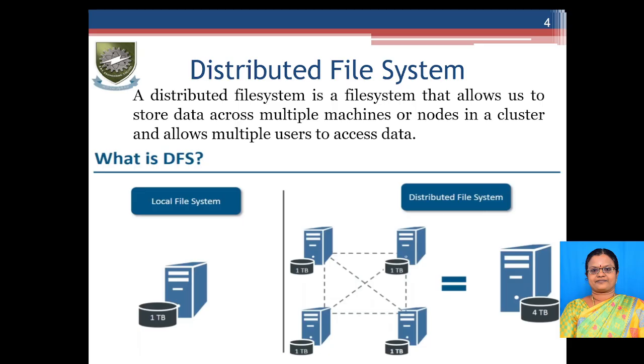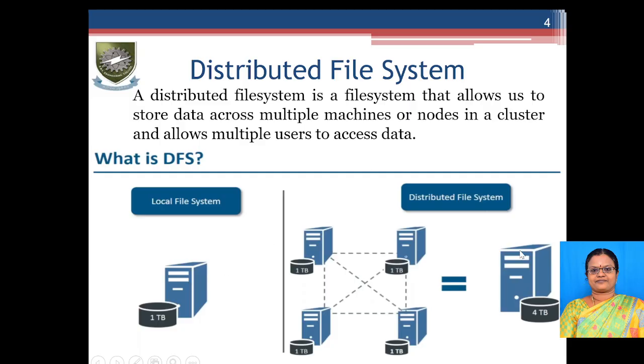A distributed file system basically allows information to be stored across multiple devices. It may be in a cluster format, thereby allowing multiple users to access the information. If you see the difference between a local file system and a distributed file system, in a local file system you have one storage available for a file.